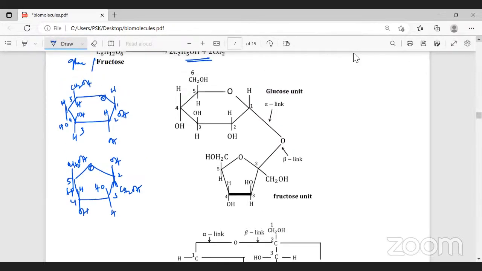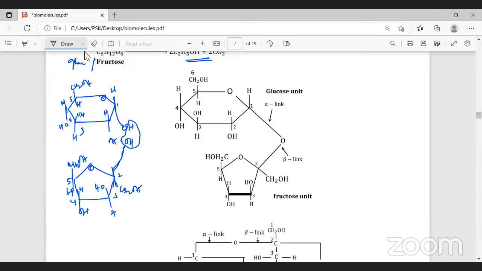Now, in order to write the Haworth structure of sucrose, I elongate this OH bond here and this OH bond here. When these two OH bonds come very close, it should be drawn in a straight line. You can draw it in this form also, not a problem. So water gets eliminated.